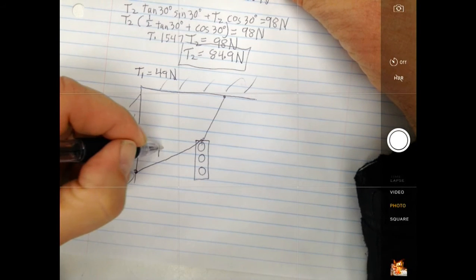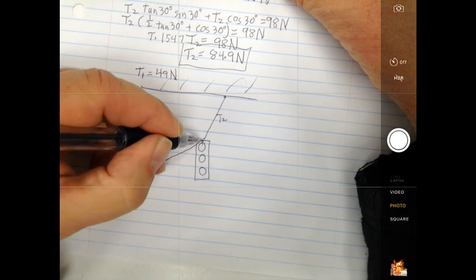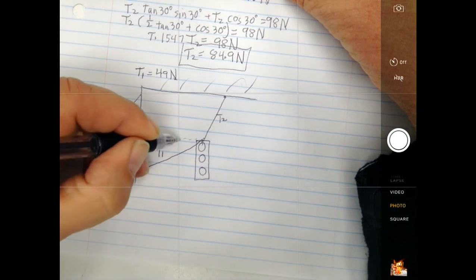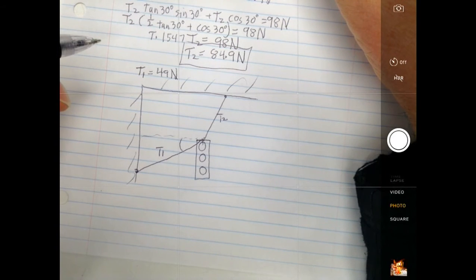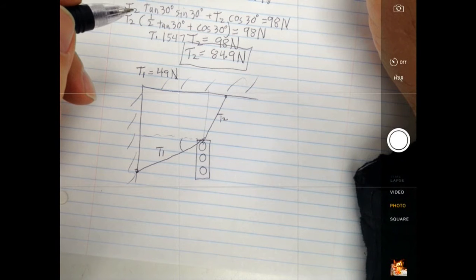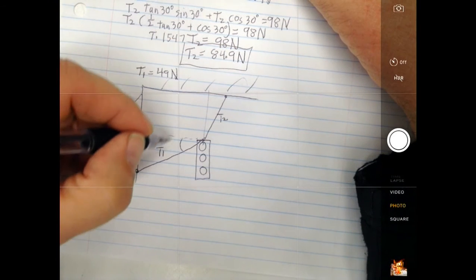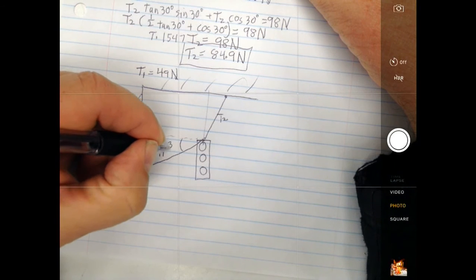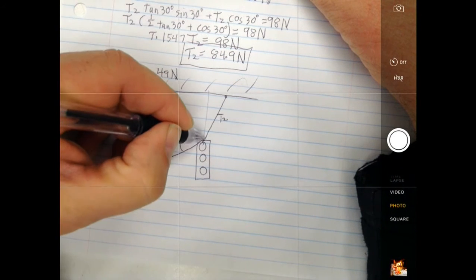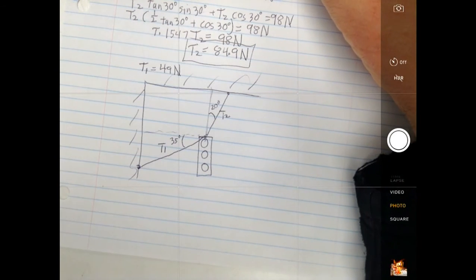So what is tension one? What is tension two? If this angle is below the horizontal, I don't know, you want to make it 30, 60, 90 triangles again? No, Costa, that would be too easy. Let's make this thing 35 degrees below the horizontal. Let's make this thing 20 degrees from the vertical.